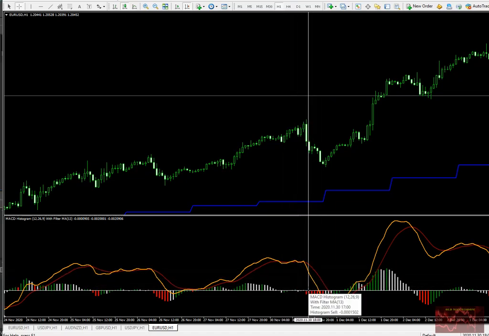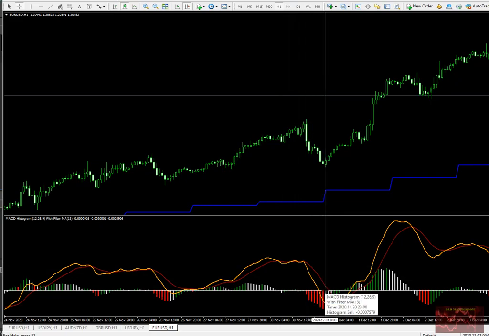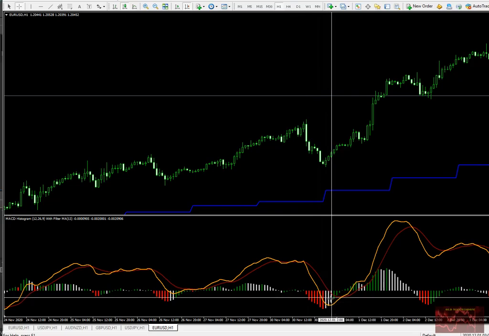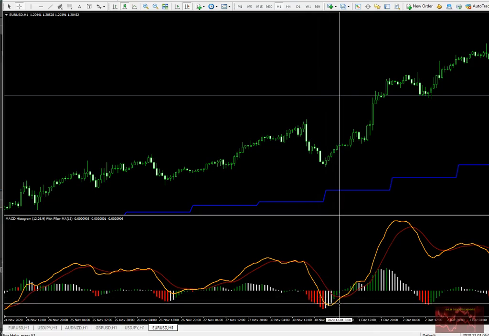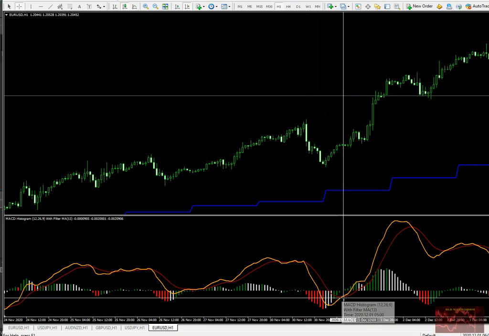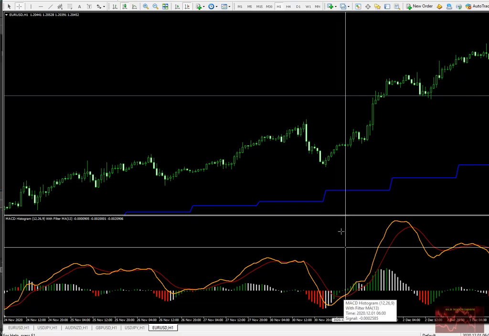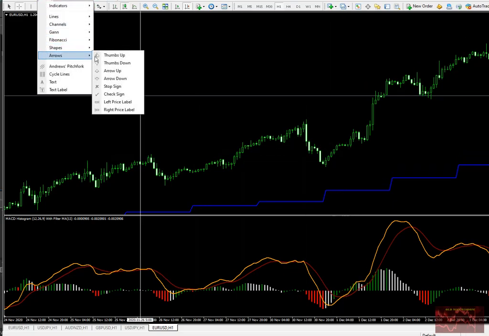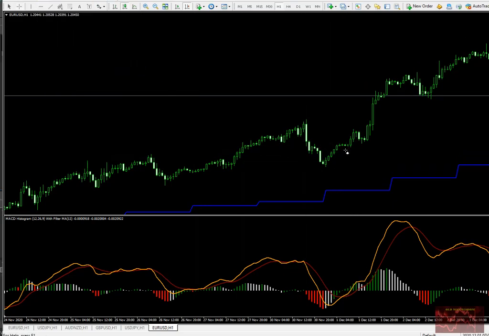The zero line sits here, and you'll notice that the two MACD lines come under the zero line. What we're looking for now is a crossover, the yellow crossing over the red, and that happens just about there. So we'll put a little arrow pointing upwards about there.